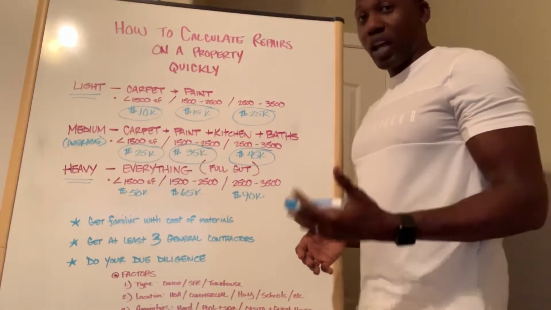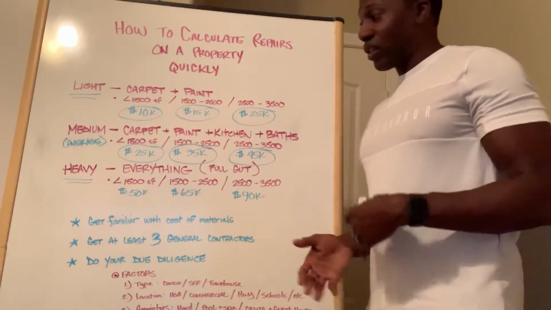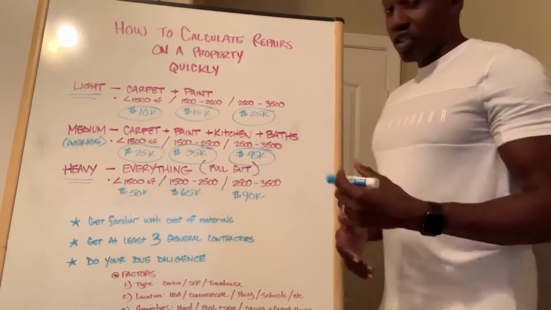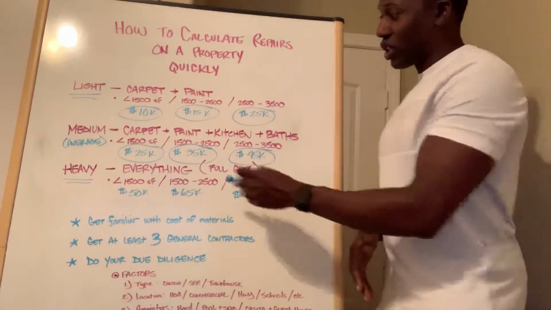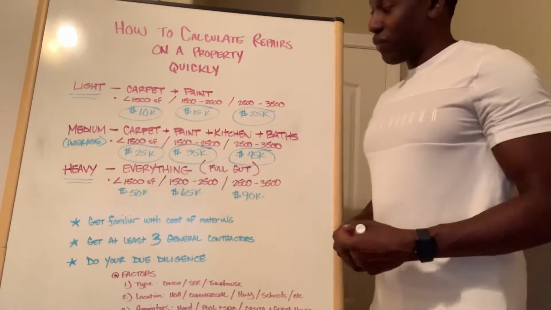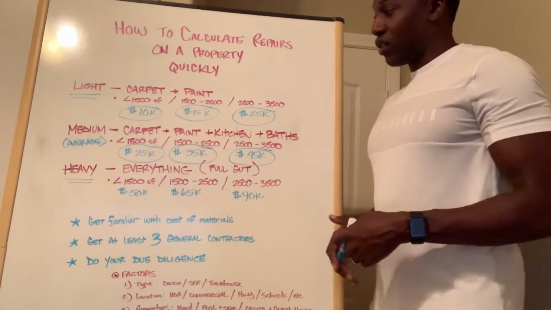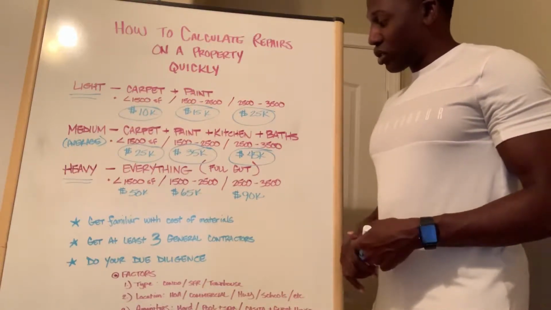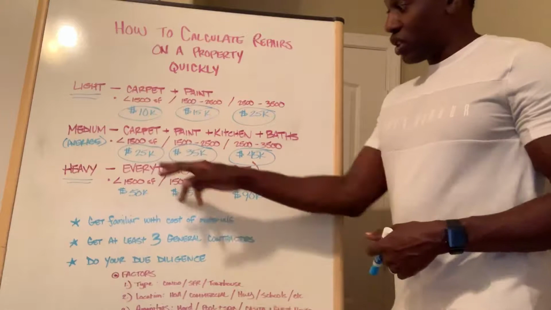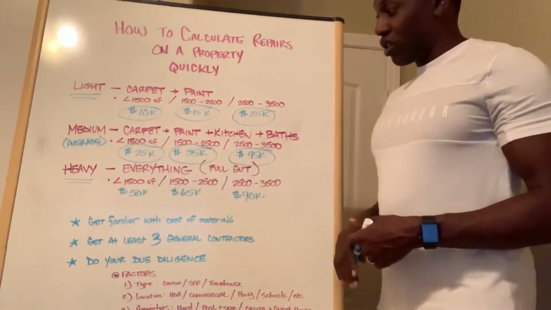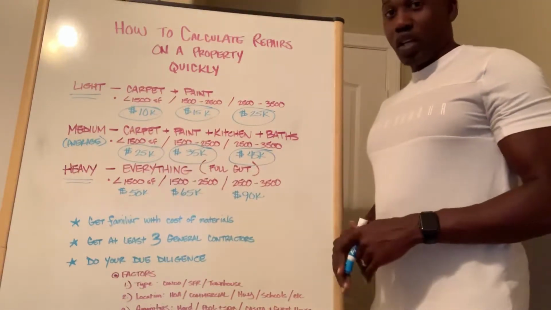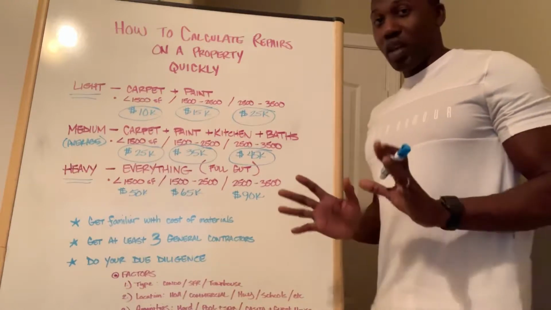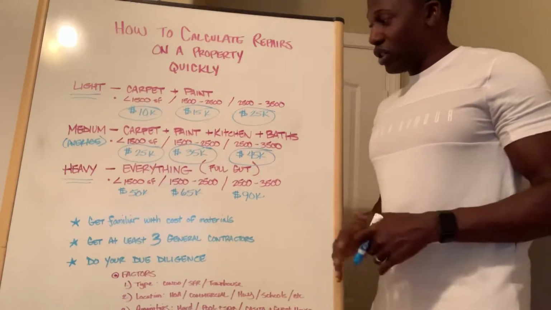So one might be a half bath instead of a full bath, and there's other things to factor in when you're calculating your exact rehab remodeling costs to tell your seller what your final offer would be. But these are just rough estimates that you can shoot from the hip and know that you're going to be around the ballpark of where you need to be.